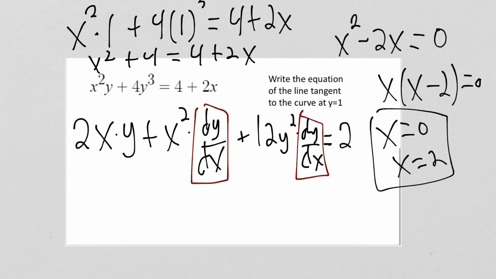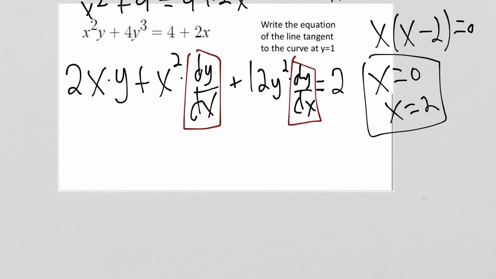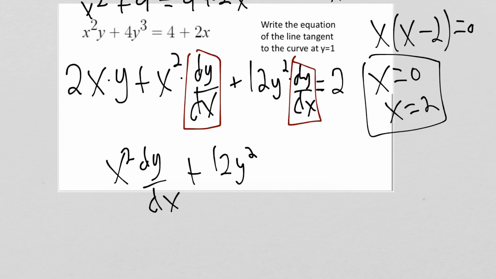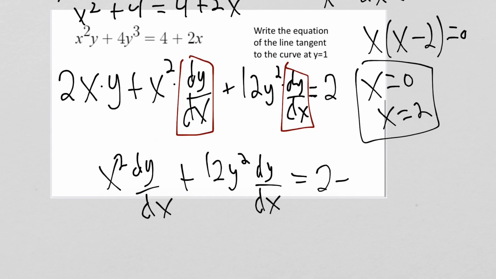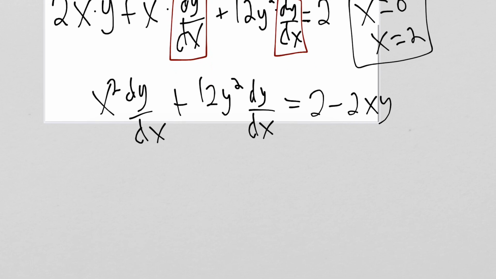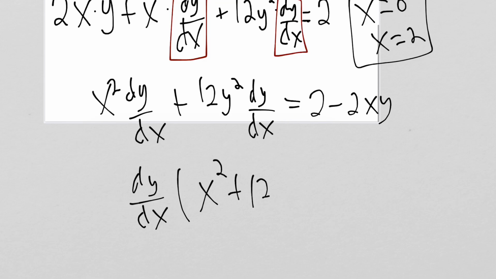So we'll move everything else over to the other side. So we have x squared dy dx plus 12y squared dy dx. And that's going to be equal to 2 minus 2xy. Okay, factor out dy dx gives us x squared plus 12y squared, and that's equal to 2 minus 2xy.